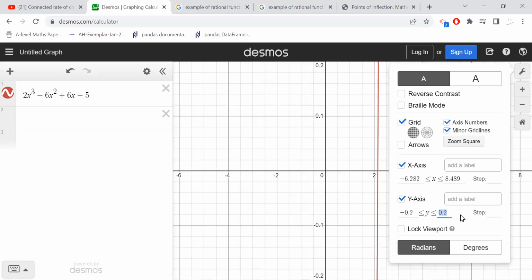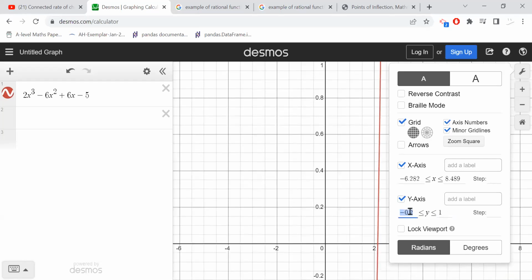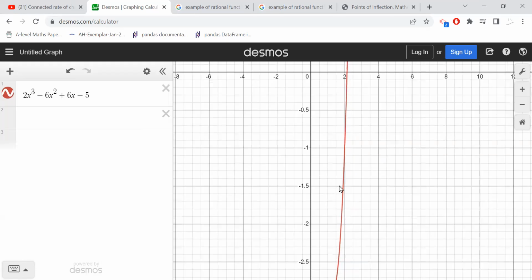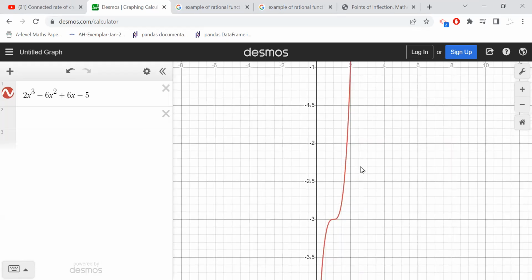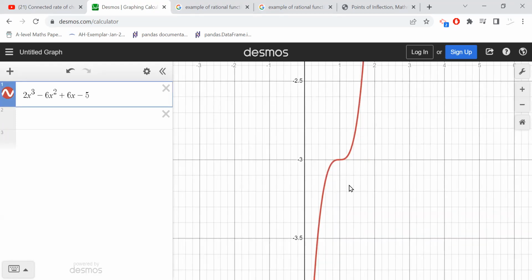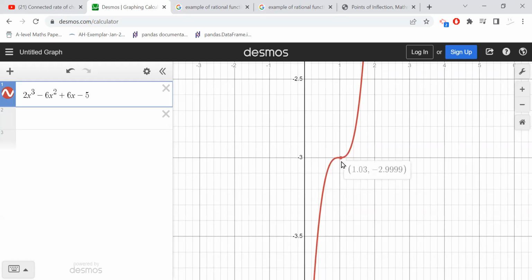Okay, that's a bit too much. 1 to -1. Can you see what's going on here? Increase and increase. Increasing. More importantly, the curve here is which part of a what face?